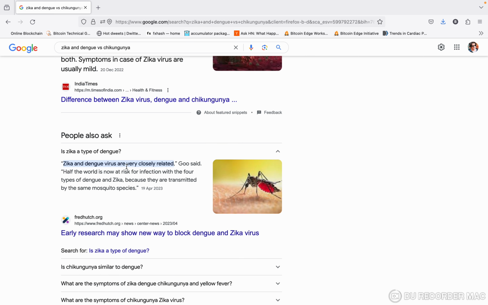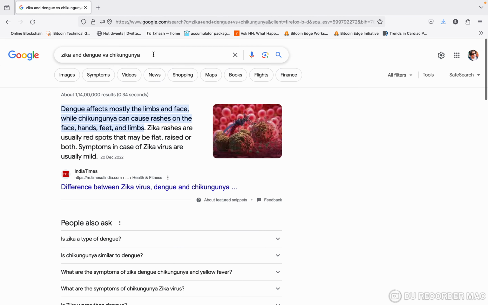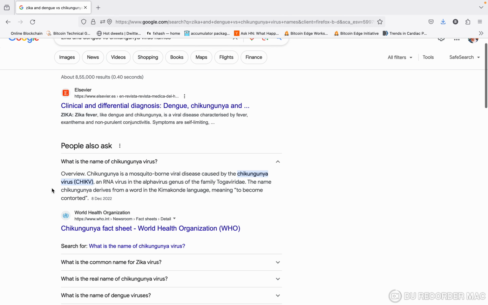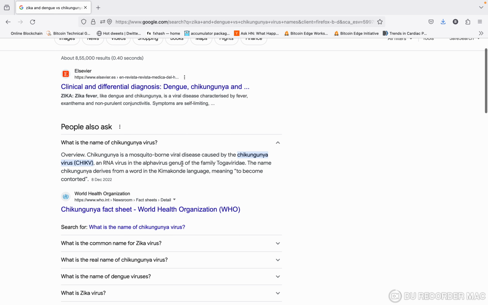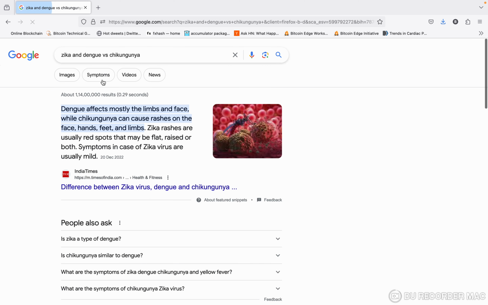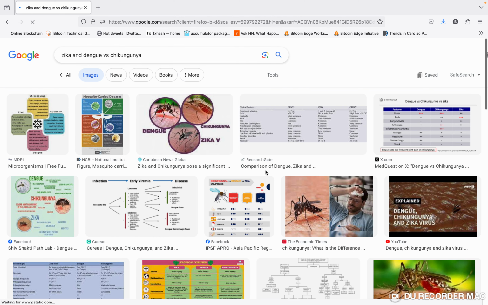Zika and dengue virus are very closely related. Okay. Chikungunya virus, adenovirus. Let me check if there is any image.